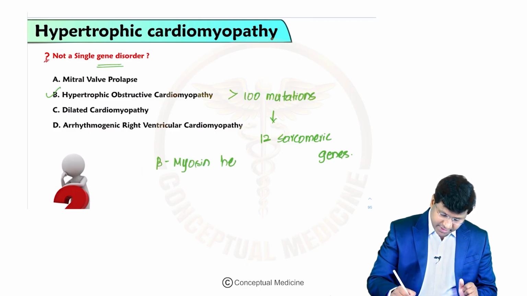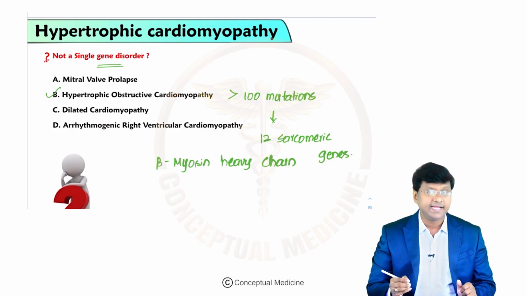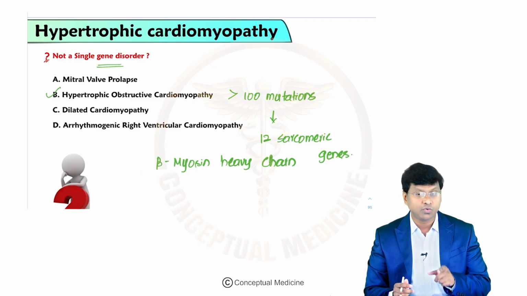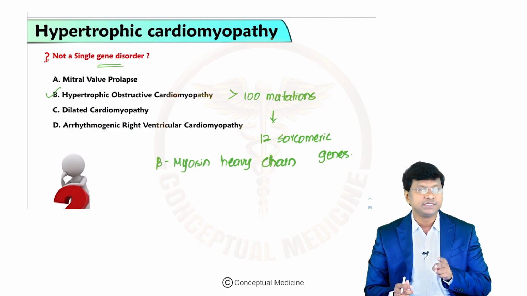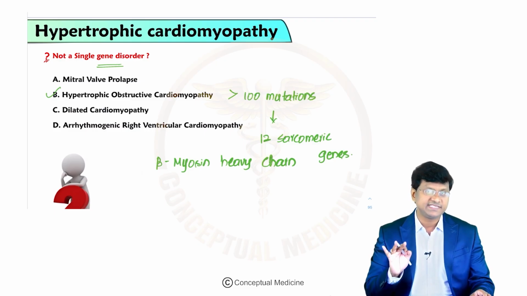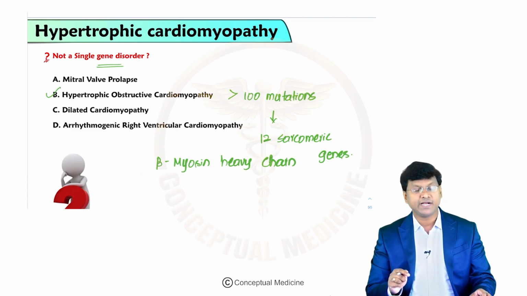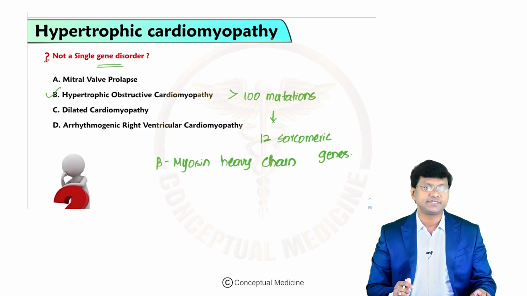The other genes being mutated code for myosin binding protein C as well as troponin T. So these three genes, the beta-myosin heavy chain gene, the myosin binding protein C gene and the troponin T gene, account for almost 70 to 80% of cases of hypertrophic cardiomyopathy.